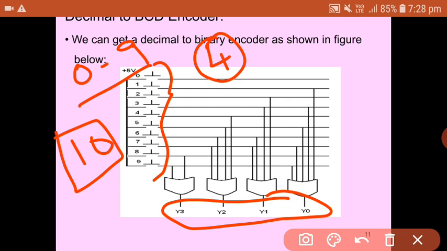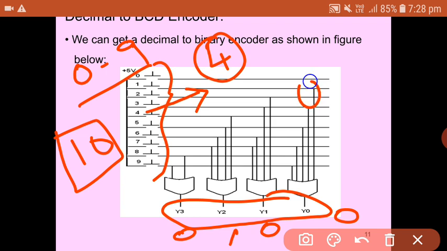So if you push the corresponding push button switch, for example, if push button switch 4 is pressed, then what will happen? Its corresponding outputs will be high. So y3 output will be 0, and since y2 is connected, y2 will be 1, and since y1 is not connected, it will be 0, and y0 is also not connected.